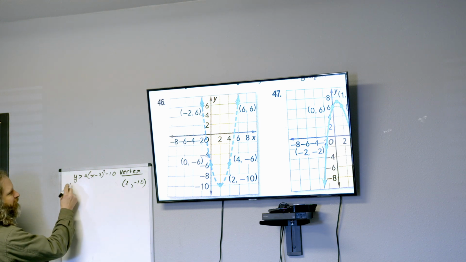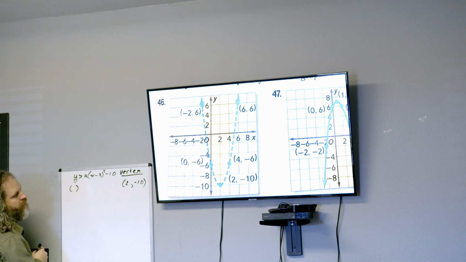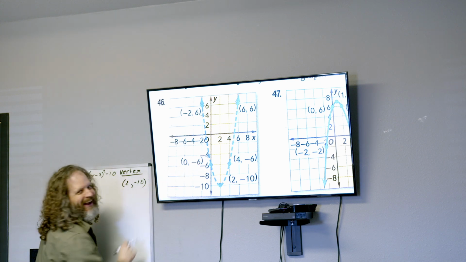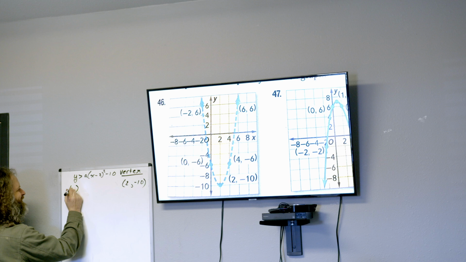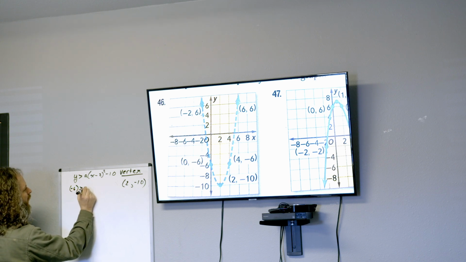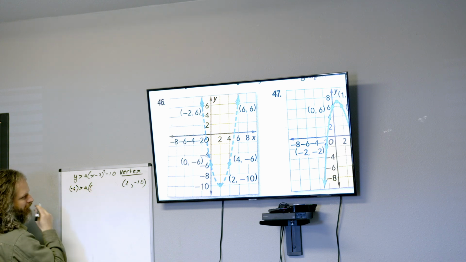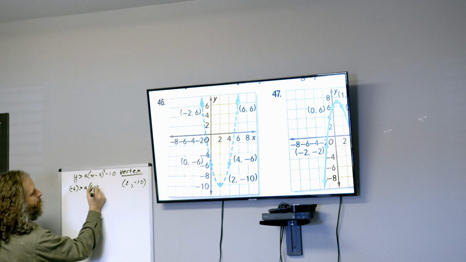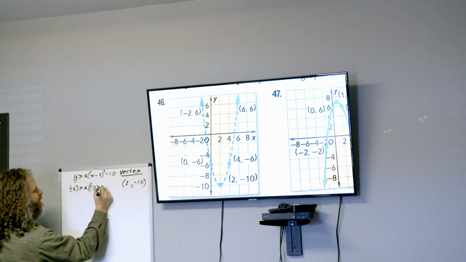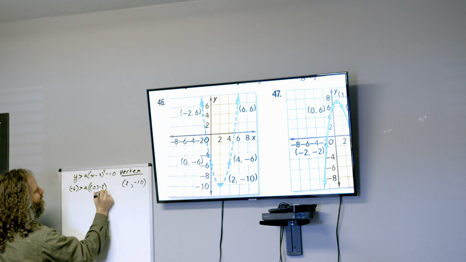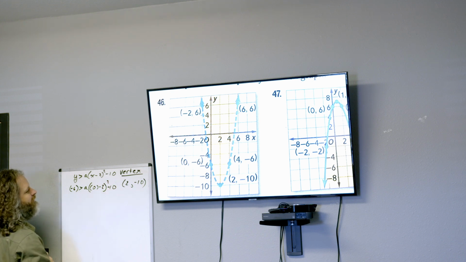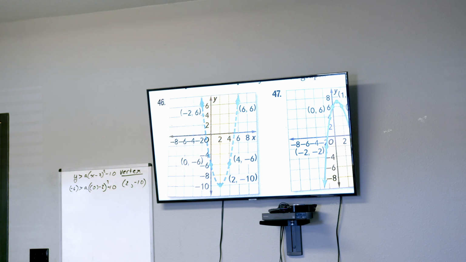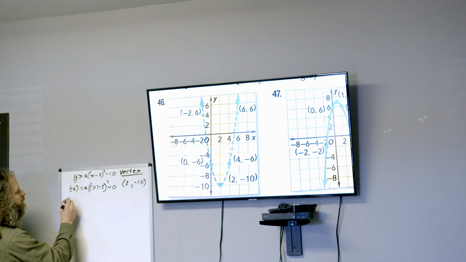So what are we going to plug in for y? Negative 6 is greater than A. And then what are we going to plug in for x? 0. Now what? Negative 6 is greater than A times 0 minus 2, squared, minus 10.